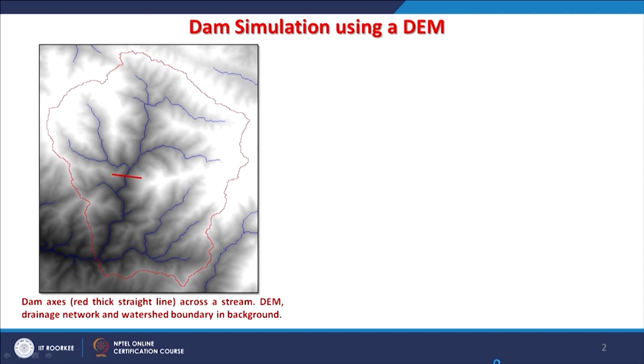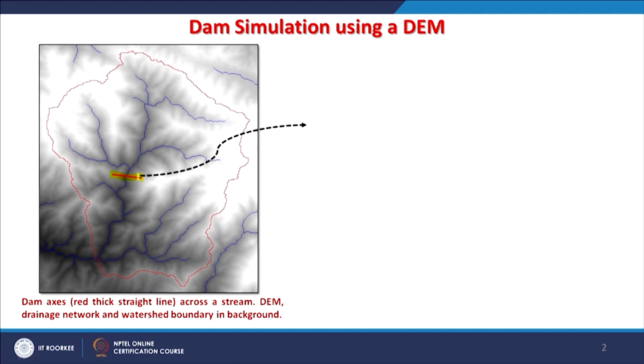For example, here what we are observing is a watershed, and in blue color the streams are also showing. And these streams have been derived from surface hydrologic modeling, and then a line has been drawn to indicate that here the dam or reservoir axis would be, of this much length.